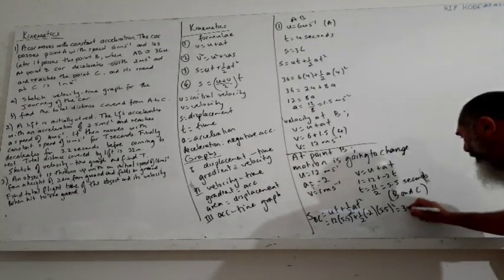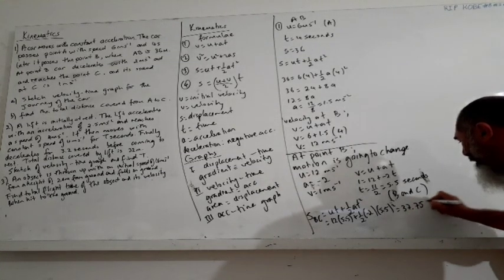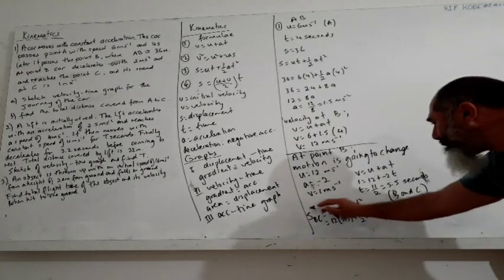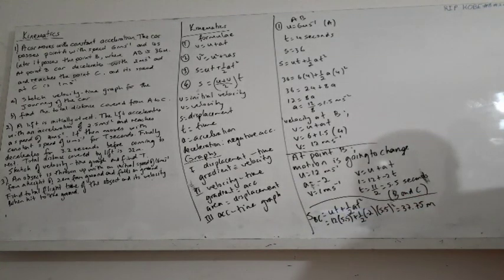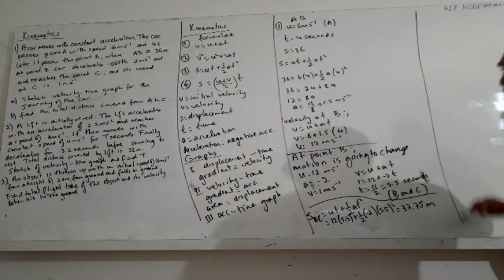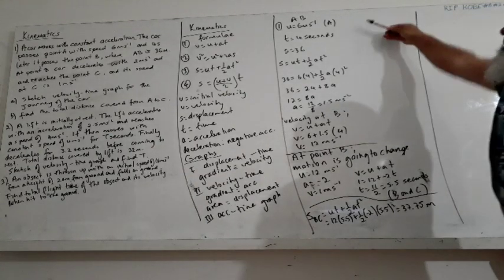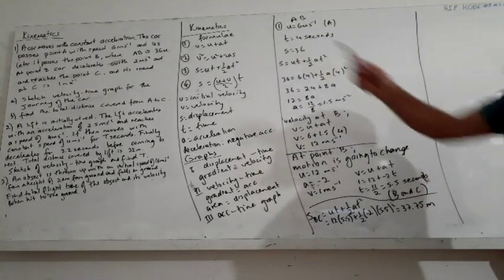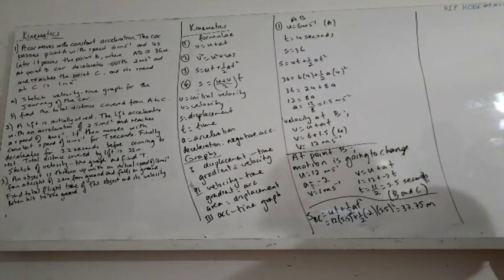This is the displacement between B and C. Now we understand the question. Let's answer the parts of the question. Sketch the velocity time graph for the journey of the car.